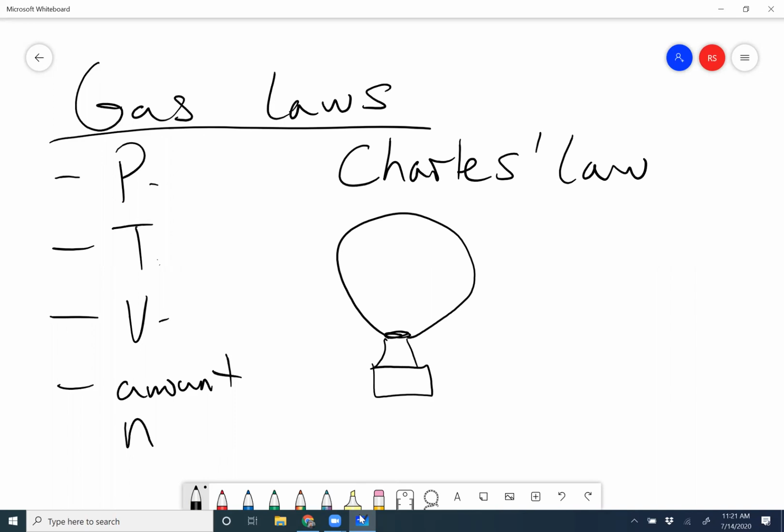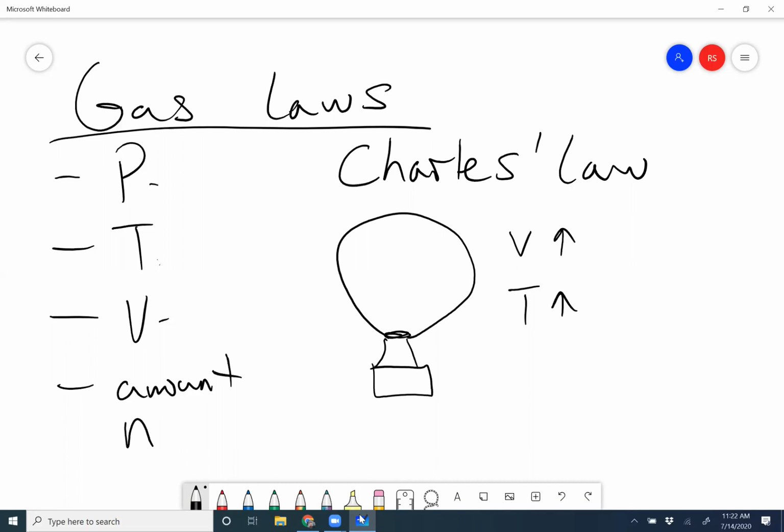It's really interesting to him that before you heat the balloon up, so the temperature goes up, the volume inside the balloon goes up. But then that also makes your balloon float. And he really wants to know why this is. He wants to understand the relationship between volume and temperature.